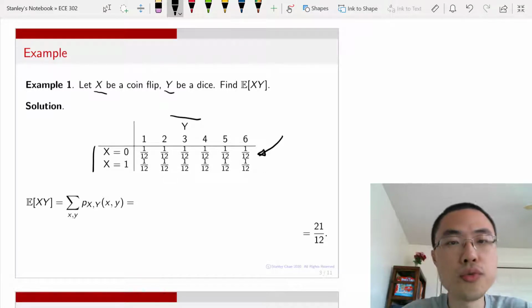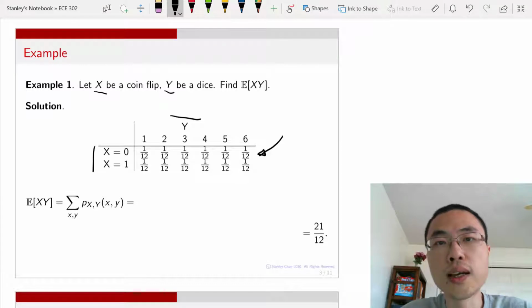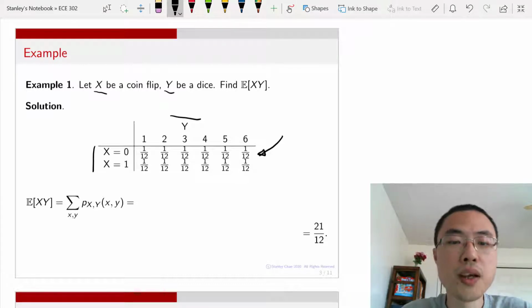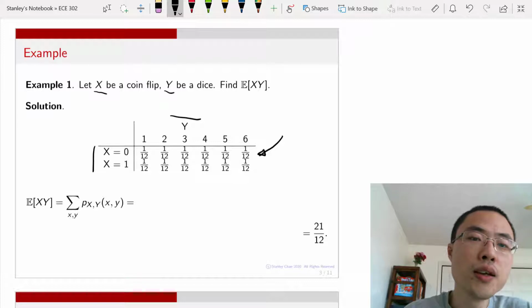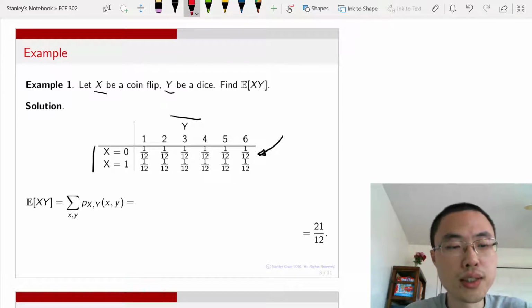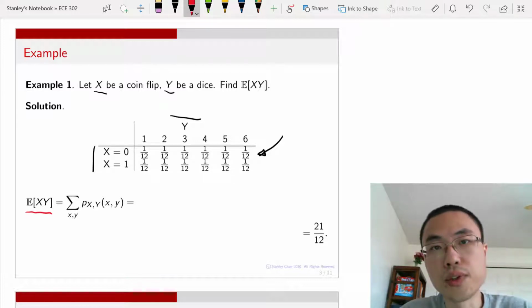Since we assume that X and Y are a fair coin and a fair dice respectively, the numbers are 1 over 12 for each of these entries. So we ask, how do we calculate this joint expectation, which is the expectation of X times Y?